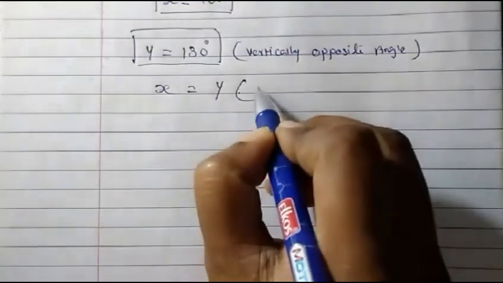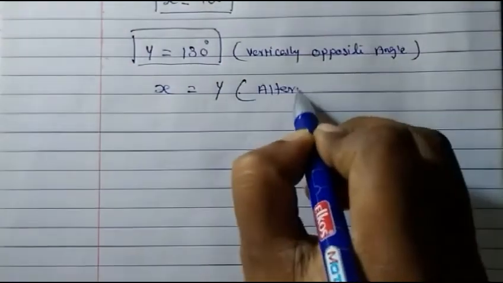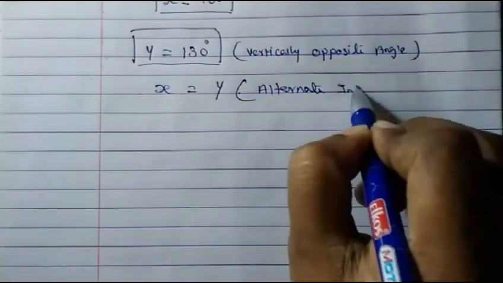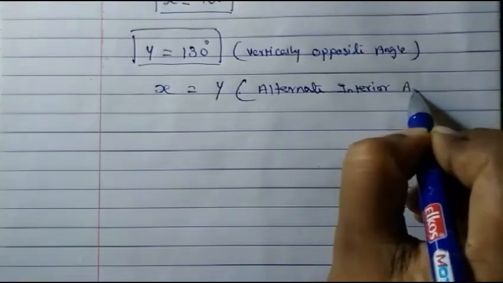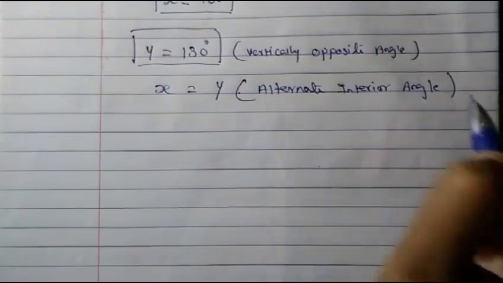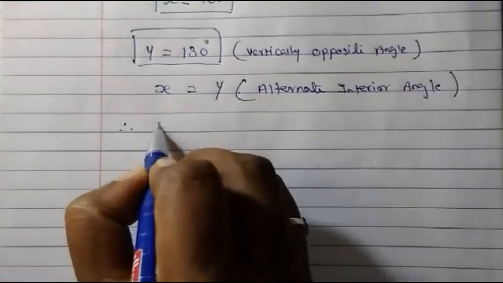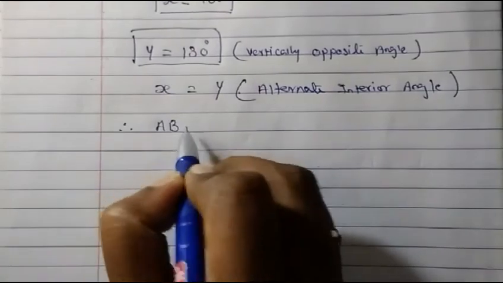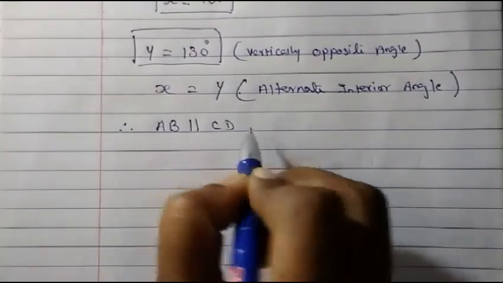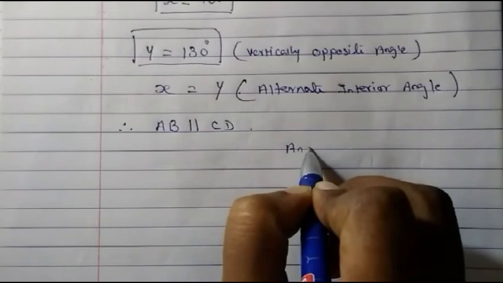So you can write here, this is alternate interior angle. Therefore you can say line AB is parallel to CD. So this is your answer.